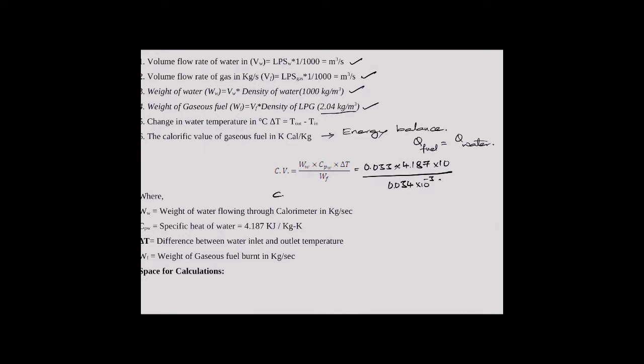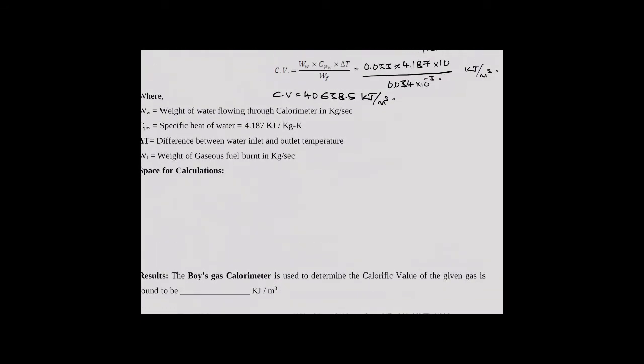If I do that, I am going to get the calorific value in terms of kilojoules per meter cube. So 0.033 into 4.187 into 10 divided by 0.034 into 10 to the power of minus 3. I am getting around 40,638.5 kilojoules per meter cube. This is for the first case.